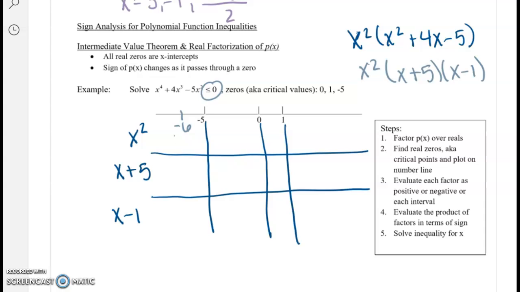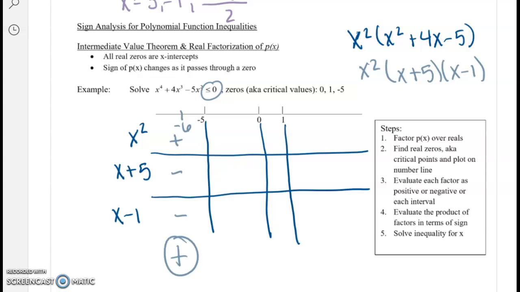Negative 6 squared is positive, negative 6 plus 5 is negative, and negative 6 minus 1 is negative. So a positive times a negative times a negative makes this section over here positive. So that's not going to be part of my solution here.